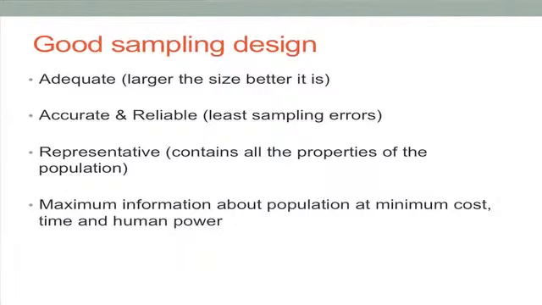Now when we are doing a research study, we have to have a sampling design. That is how we are going to select our sample. So what is required for a good sampling design? Our sample size should be adequate. How do we define this adequacy?